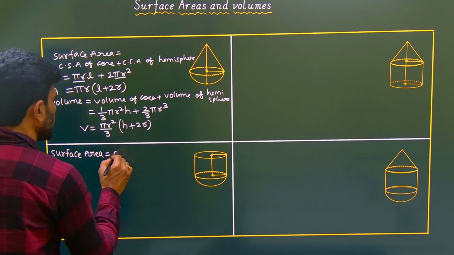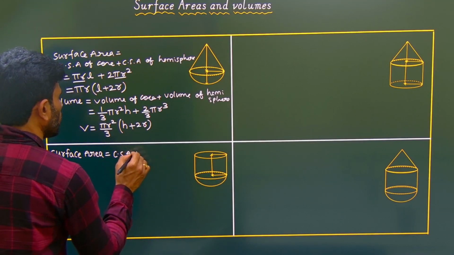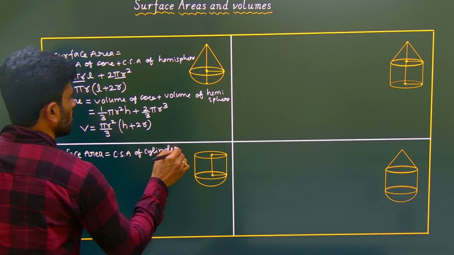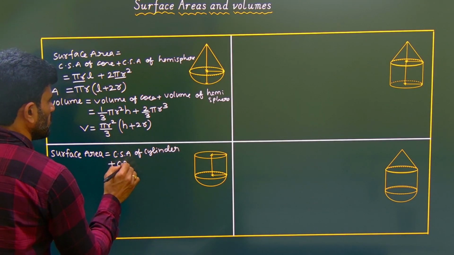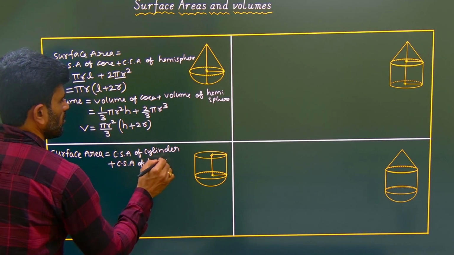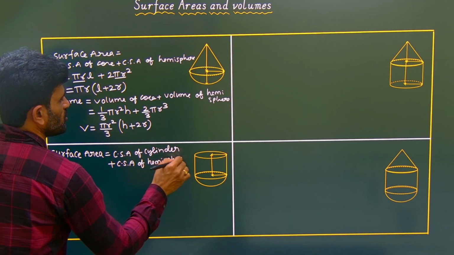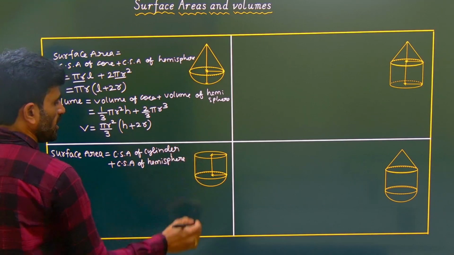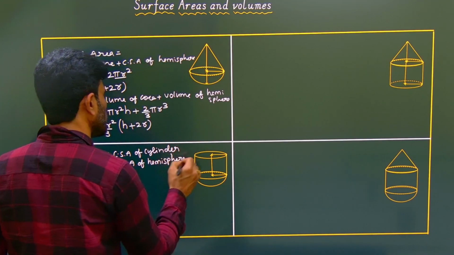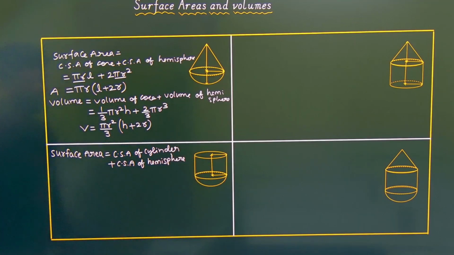Then we will take it as CSA of cylinder plus CSA of hemisphere. If it is solid cylinder, then the top of the cylinder also we have to consider. Here we are taking it as empty cylinder, so only CSA of cylinder and CSA of hemisphere should be taken.